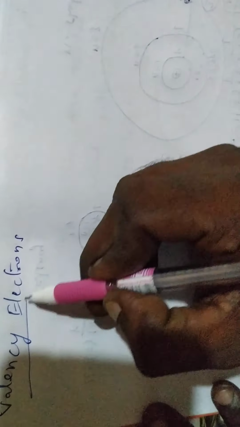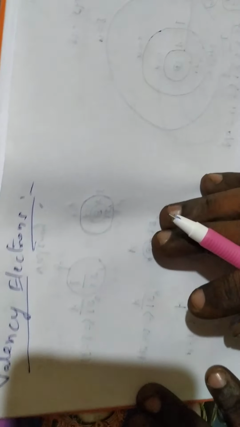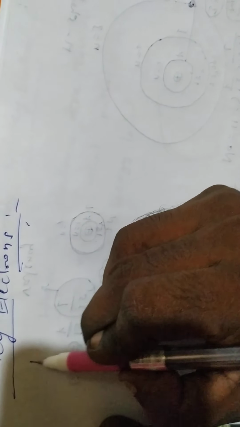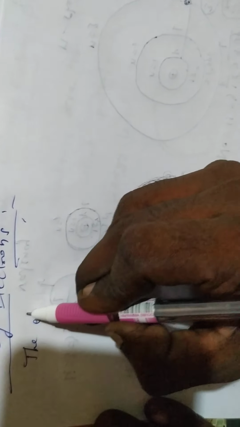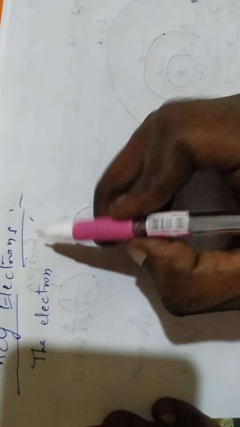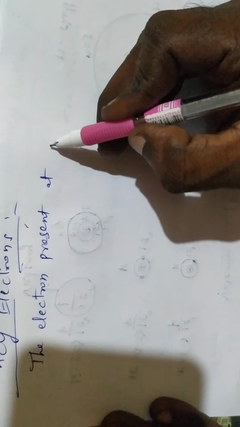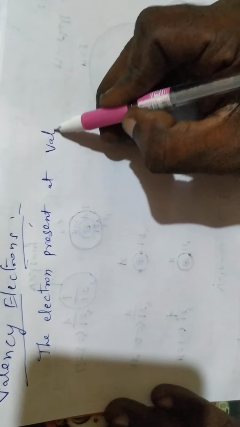Valence electrons means the electrons present at the valence shell.